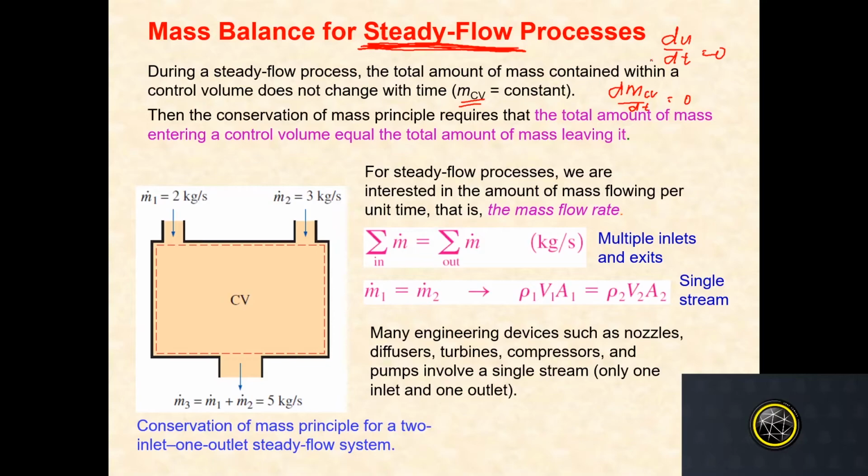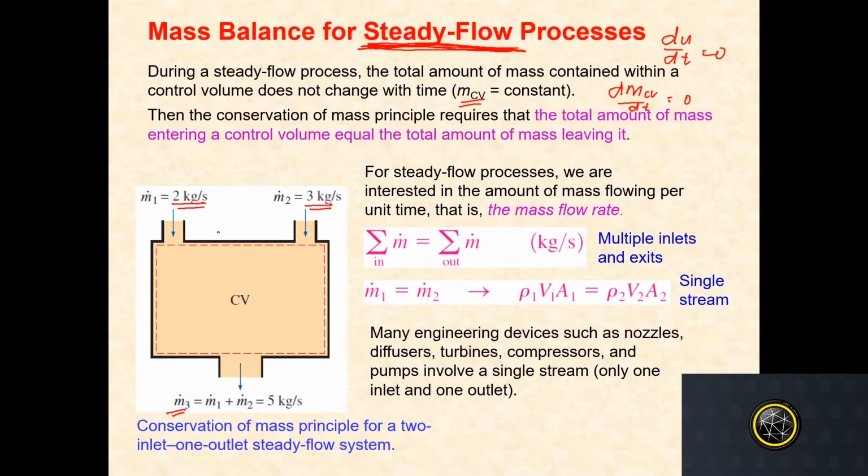The conservation of mass principle requires that the total amount of mass entering a control volume equals the total amount of mass leaving it, regardless of how many inlets and outlets you have. For example, in this figure on the left, you can see there are 2 inlets. On the first inlet, 2 kg per second is coming in, and 3 kg per second of fluid comes in from the second inlet. There is only one outlet.